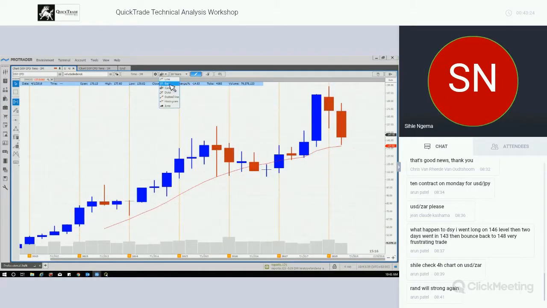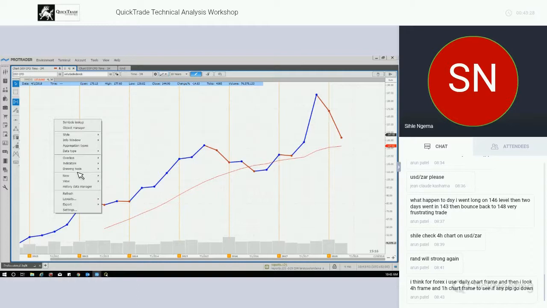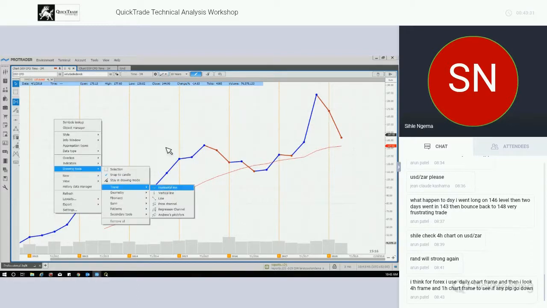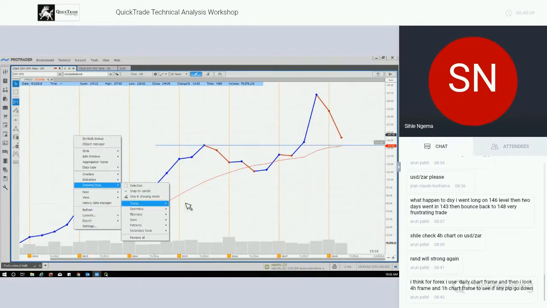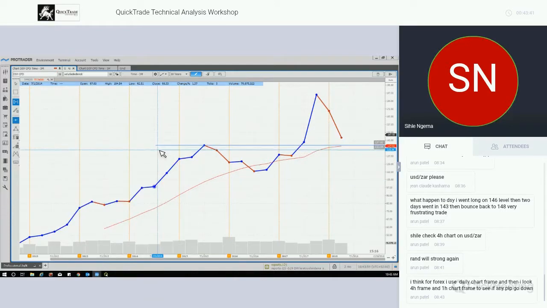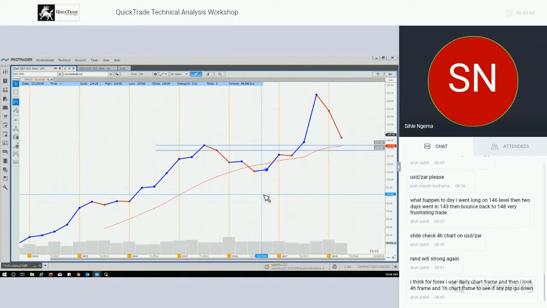Okay, DSY, this is a quarterly time frame. Let's use the dotted line. This is our support there. There is our support, and that also is our support.